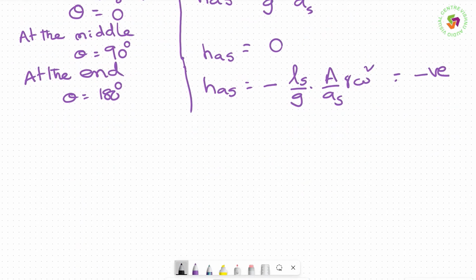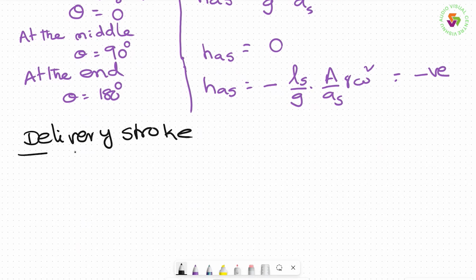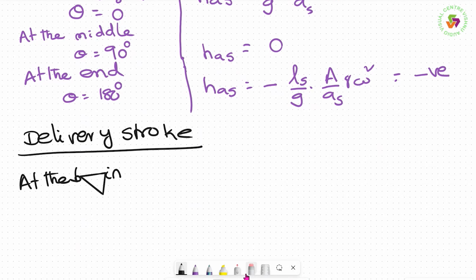Now if I take the delivery stroke, at the beginning theta is equal to 0 degrees.